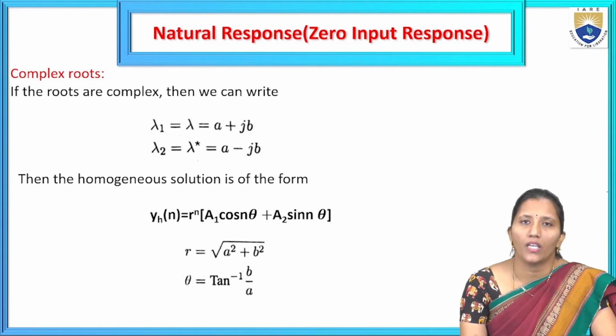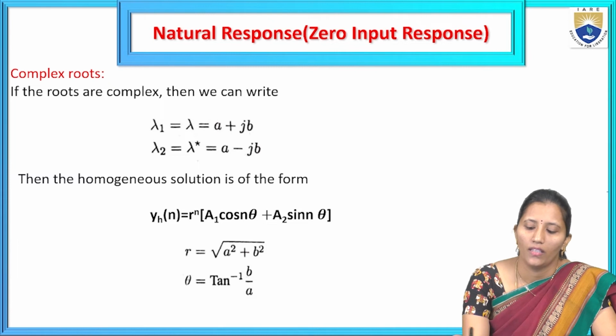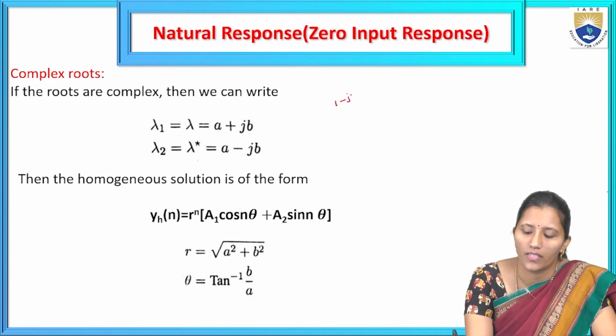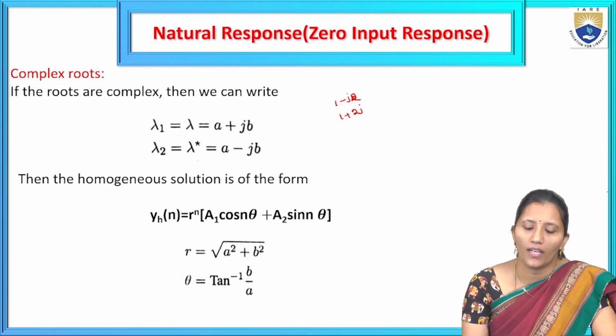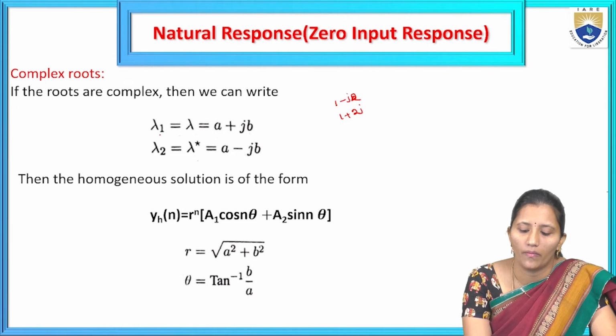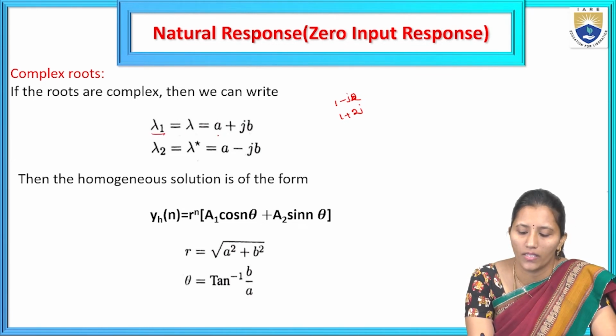If the roots are complex roots, that is, if we have roots 1 minus 2j, 1 plus 2j, or 1 minus j, 1 plus j like that, then we can write the solution. Suppose first root lambda 1 is equal to a plus jb, lambda 2 is equal to a minus jb.